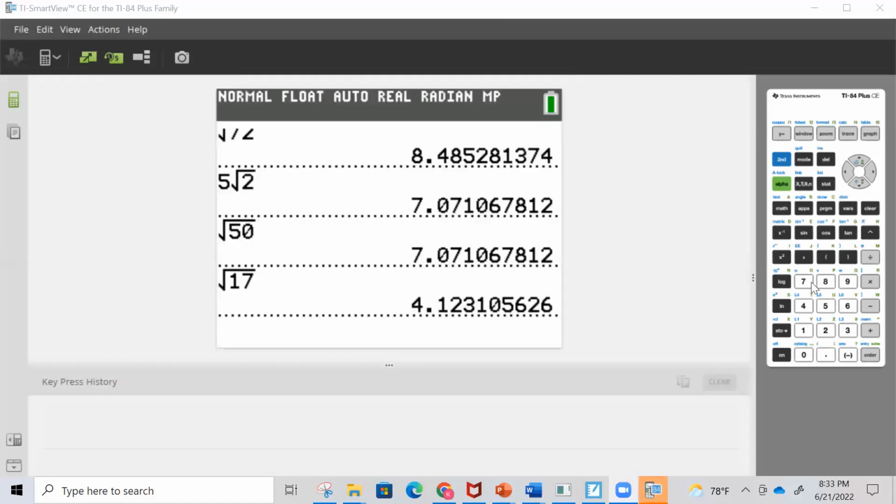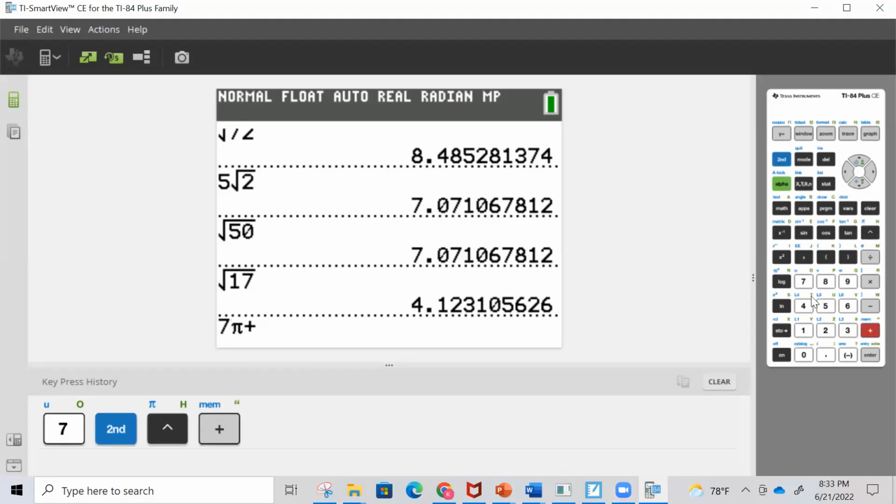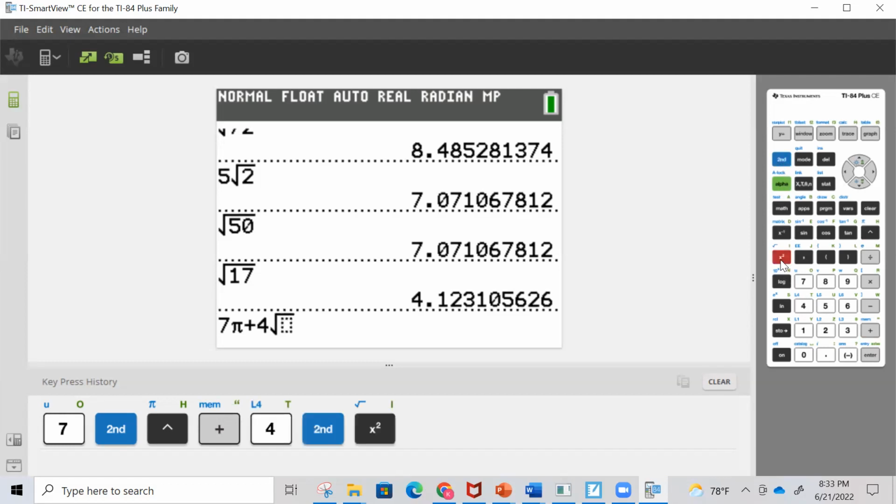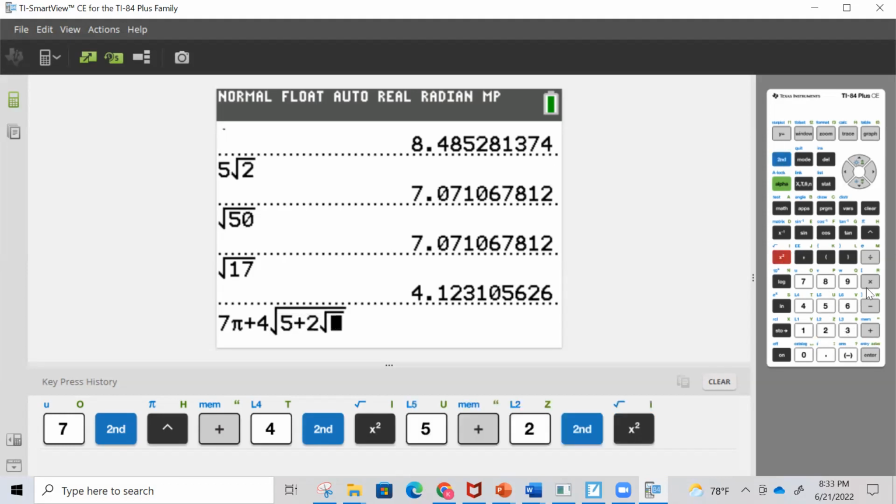For that, if you have a TI, it would look like this. You would do 7, and then you would hit second and the pi key, which is here, plus, and then you would type 4, and then the square root. So second square root of 5, and then plus 2 second square root. Let me go back.